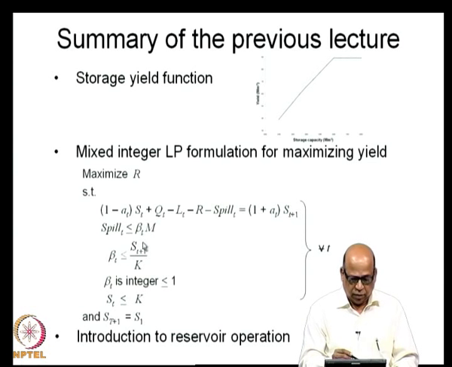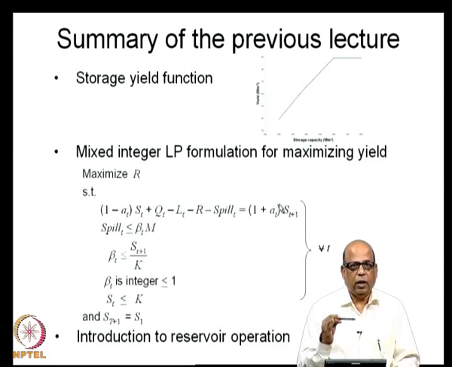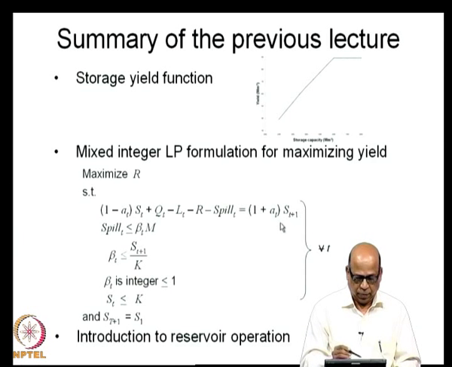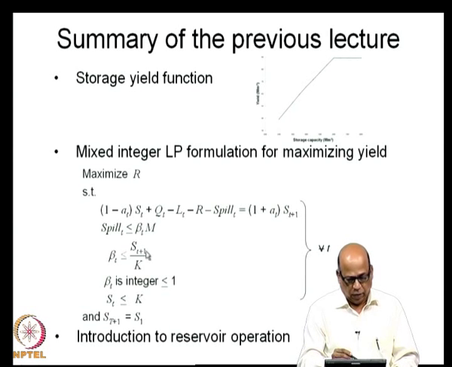And look at this condition, S_{t+1} divided by K, where S_{t+1} is the storage at the end of time period t, or the beginning of time period t+1. If that is greater than K, what happens? This will be more than 1, and because of this condition beta_t will take a value of 1. So, whenever the storage exceeds the capacity, beta_t takes a value of 1. If this is less than K, then this ratio will be less than 1, and therefore beta_t has to take a value of 0.